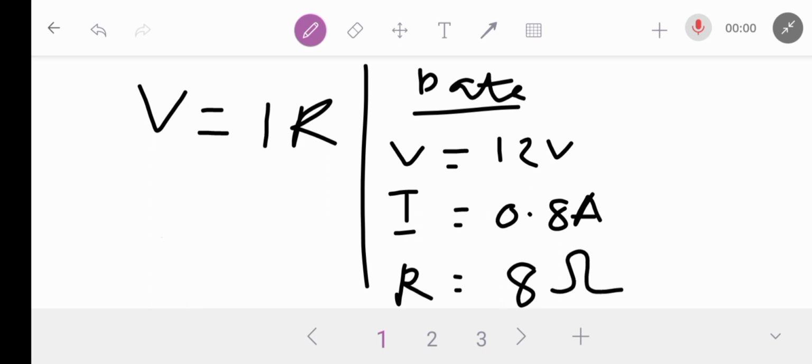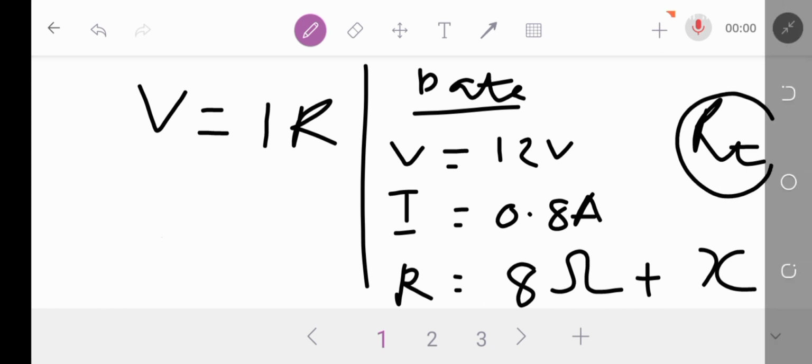But remember, we're asked to calculate X, of which X plus 8 should give us the total resistance, RT. So it's important for us to know this data here.